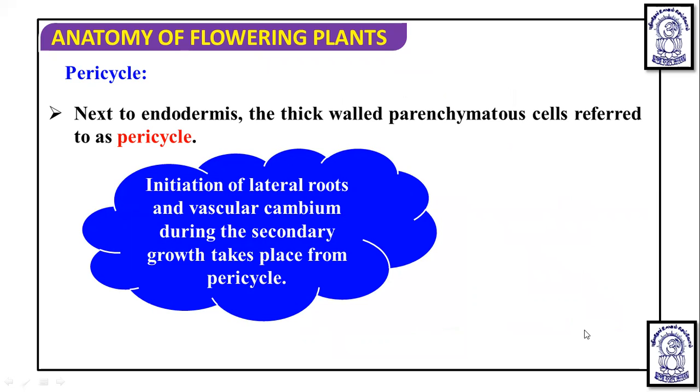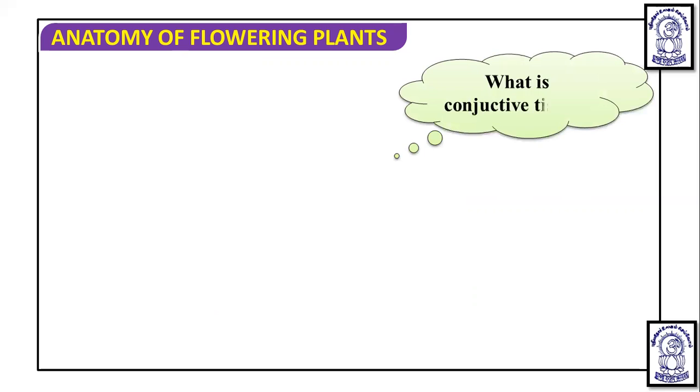Now, initiation of lateral root and vascular cambium occurs during the secondary growth. Secondary growth means girth-wise growth, growth in the transverse section, or wood formation. So during secondary growth, the formation of lateral roots, meaning secondary and tertiary roots, and vascular cambium arise by the action or division of pericycle cells.